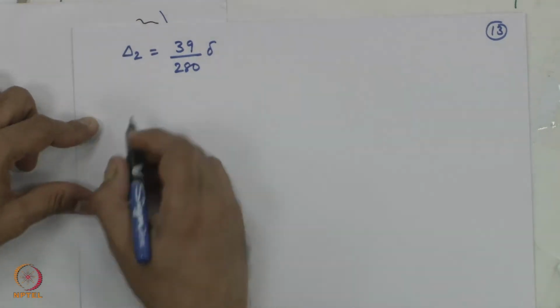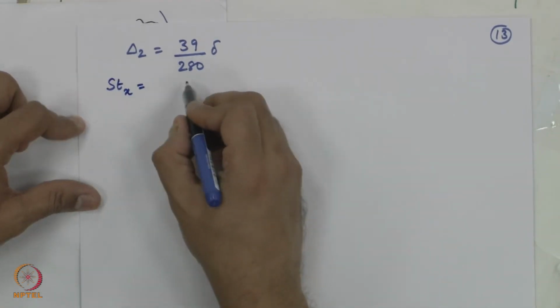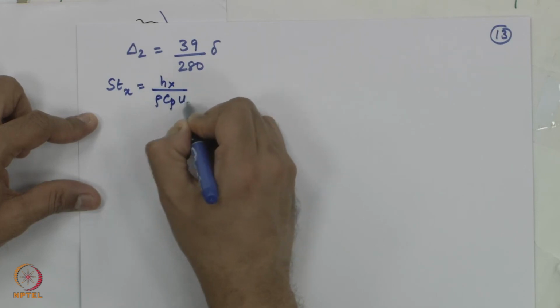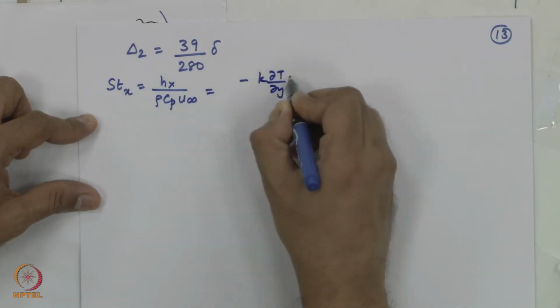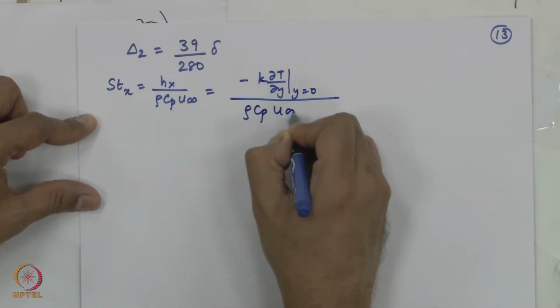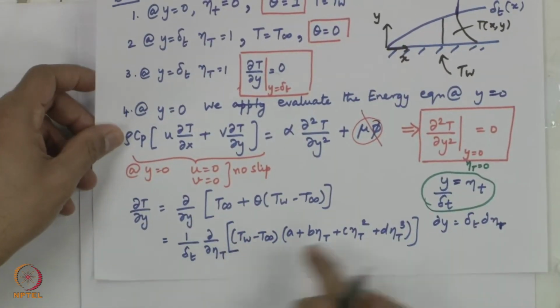So, Stanton number, if we go back to the definition, Stanton number was Hx by rho Cp u infinity, which was nothing but minus k dt by dy at y equal to 0 divided by rho Cp u infinity, and dt by dy we have obtained here. Okay.